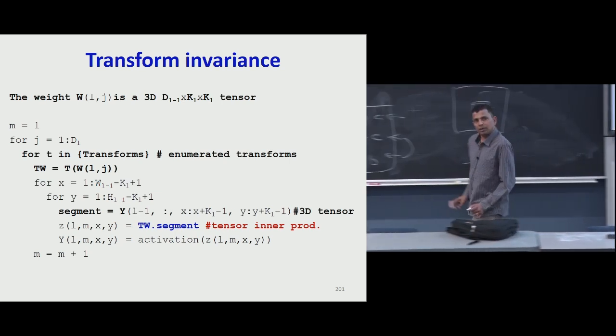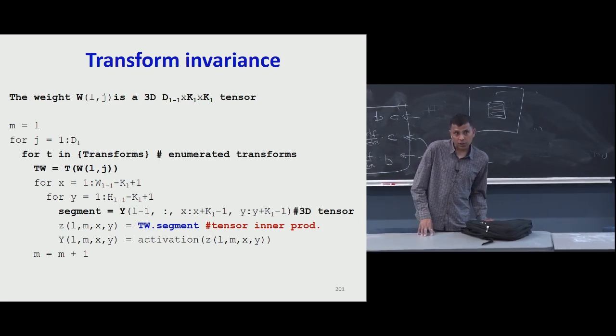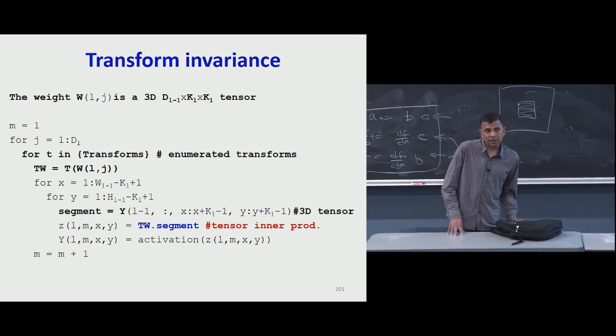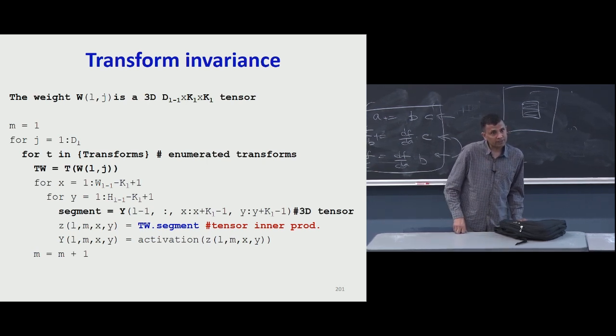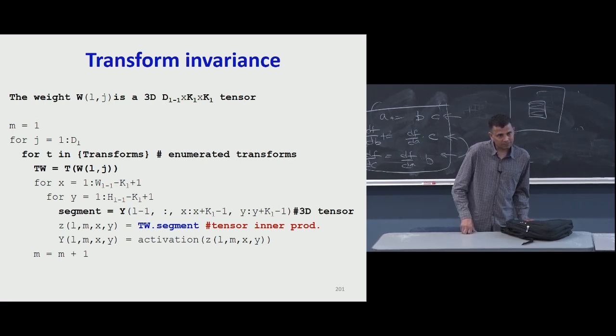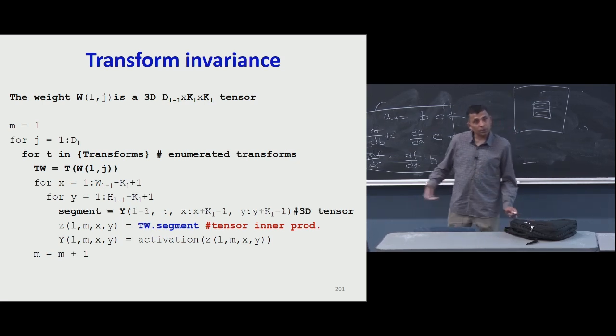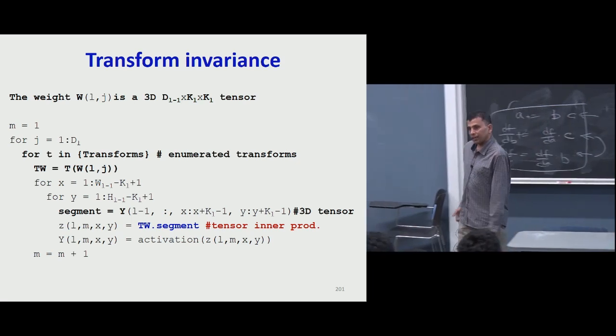Right? How much to transform? That's a design choice, right? You're enumerating the transforms. You might say, I'm looking for flowers, but I also want flowers that are rotated by 20 degrees. I'm looking for flowers, but I also want flowers that are scaled by 1.2. So that's your design choice. This is not something that's learned. That's not general. So the set of transforms that you choose is your choice. Right? We don't normally use these, but if you want it, you can plug it in.